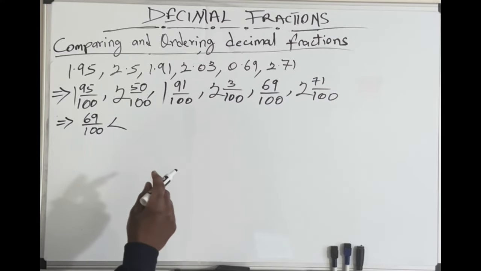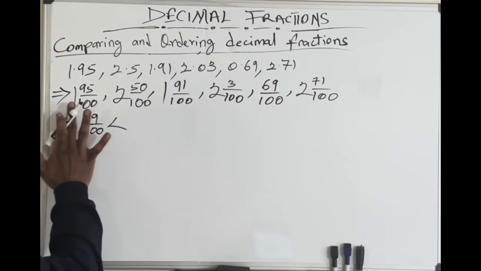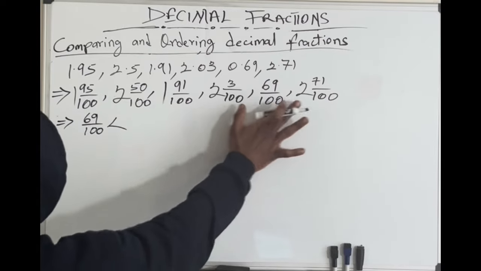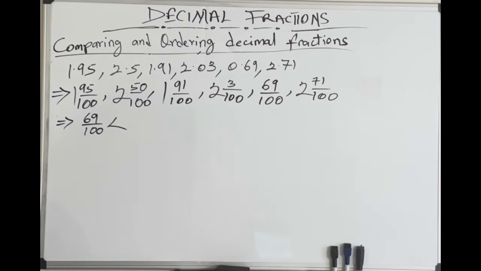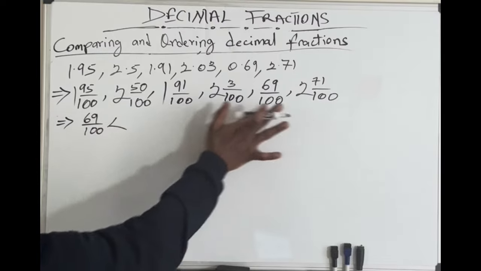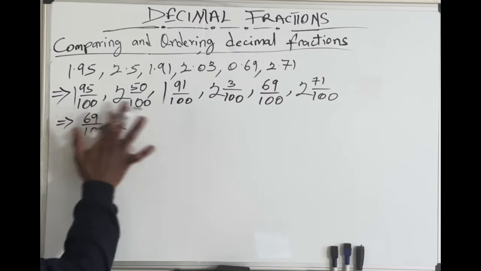For that, let's look at the whole numbers. We have 1, 2, 1, 2, 2. We are working from the least, so we work the ones first and then we come to the twos, and if there are threes then we move to them.